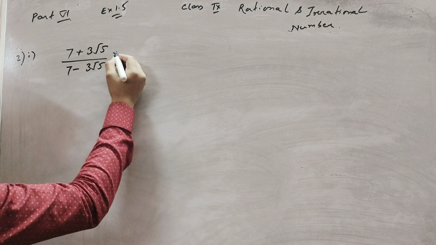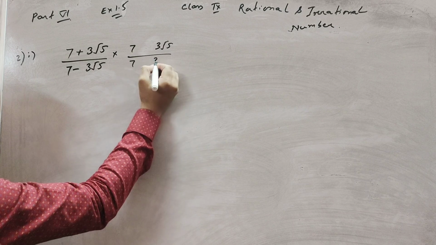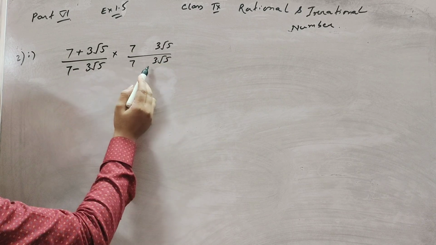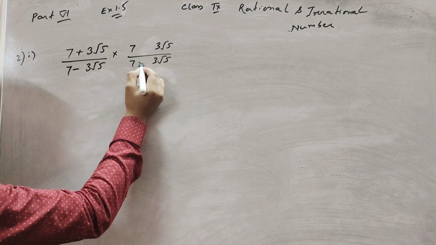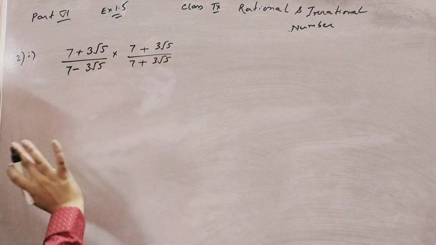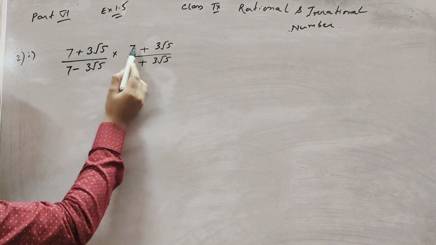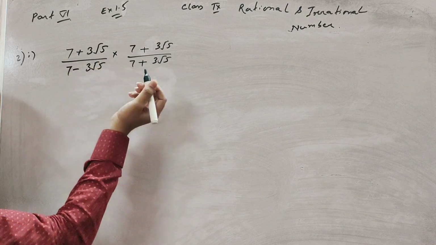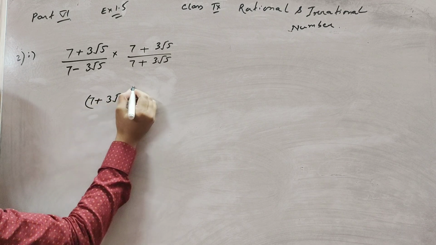Okay, that means 7, 3 root 5, 7, 3 root 5, but you put the sign opposite from here. What is here? Minus, so you write plus. Done? Okay, 7 plus 3 root 5, 7 plus 3 root 5. Multiply, that is 7 plus 3 root 5 whole square.